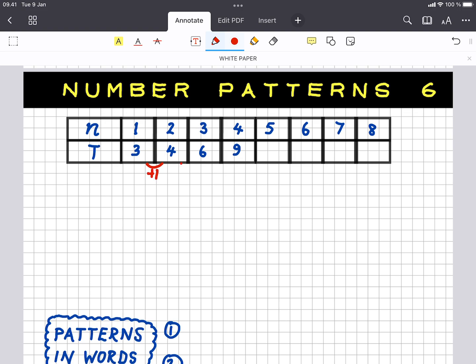So it's going +1, +2, +3. So the differences between the differences are going +1, +1. So those are called the second differences.